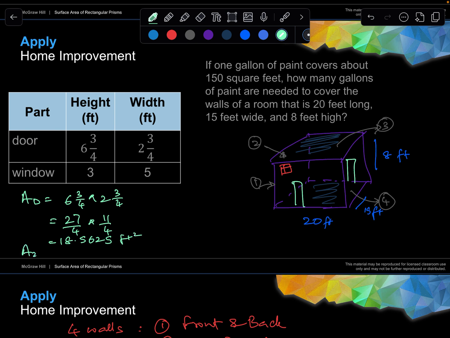So I can say area of 2 doors is equal to 2 times 18.5625, which is equal to 37.125 square feet. And I can say area of window equals 3 times 5, which is 15 square feet.